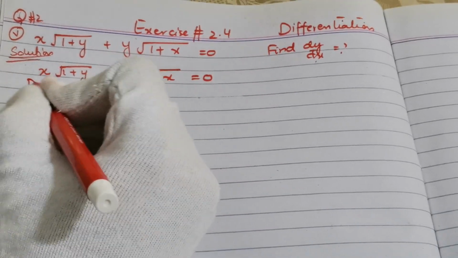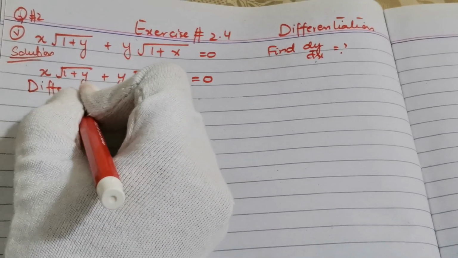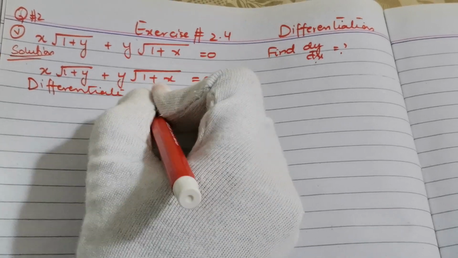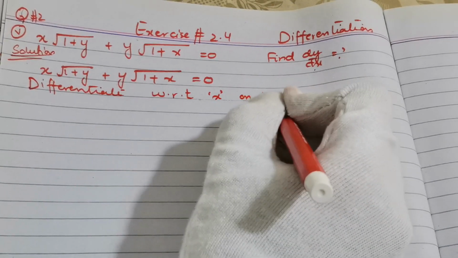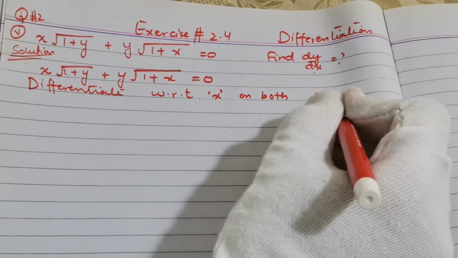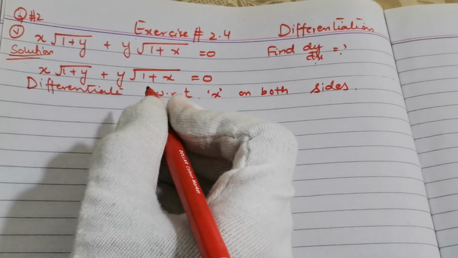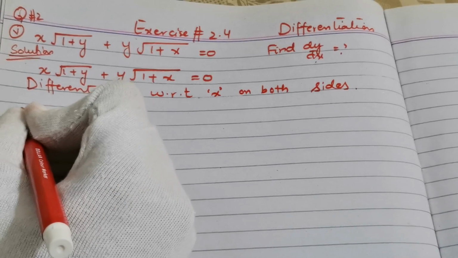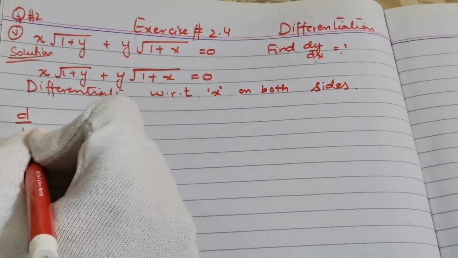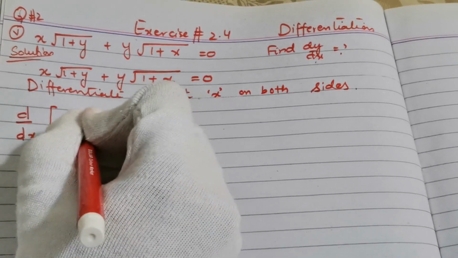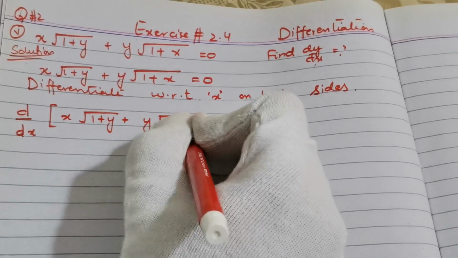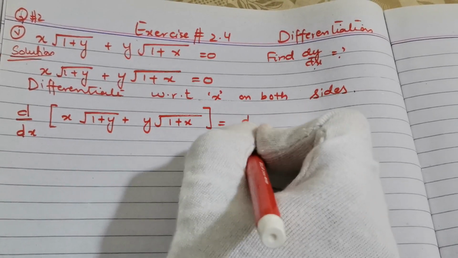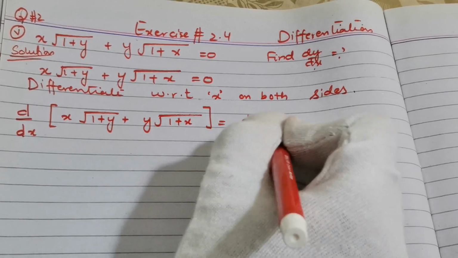So differentiate with respect to x on both sides. Apply derivative d by dx on both sides. x into under root 1 plus y, plus y into under root 1 plus x, is equal to d by dx of 0.